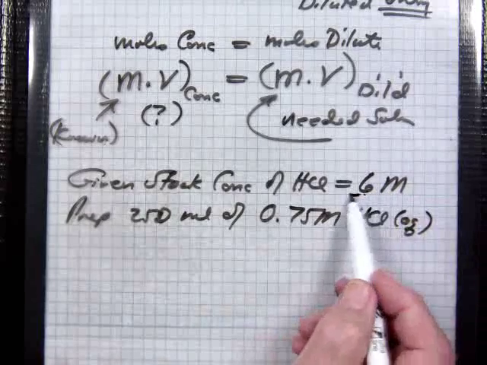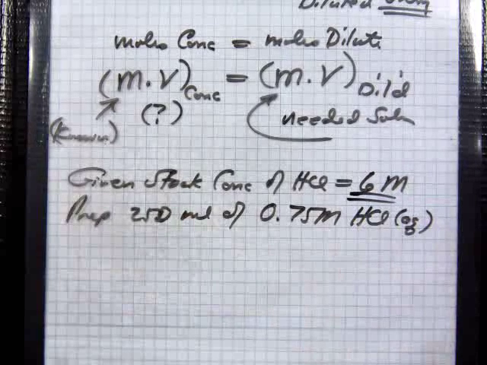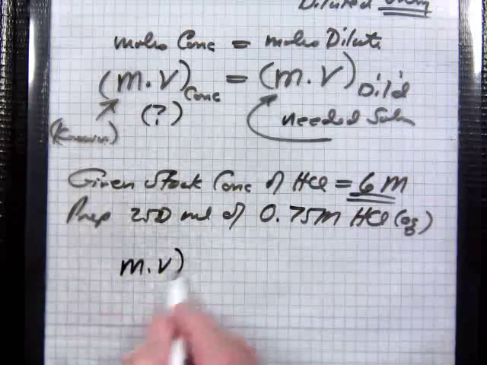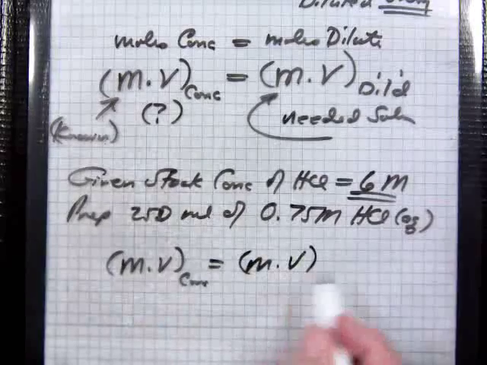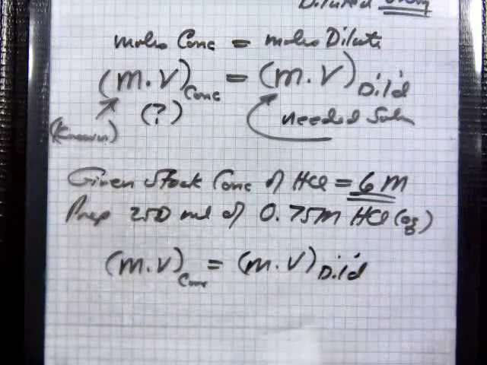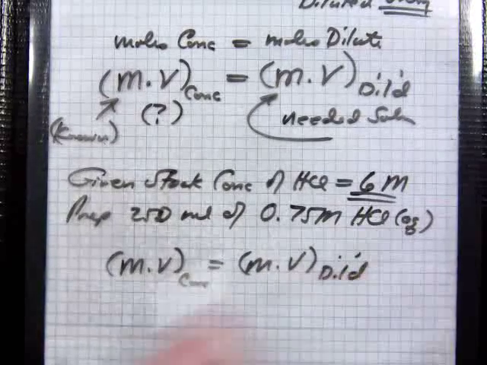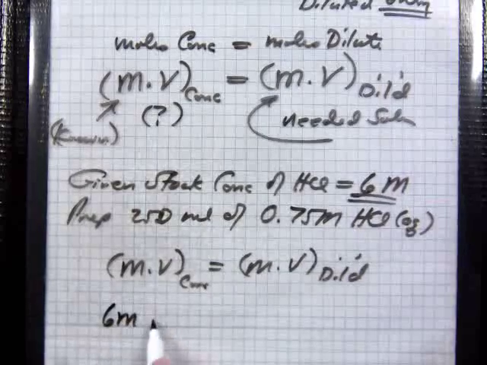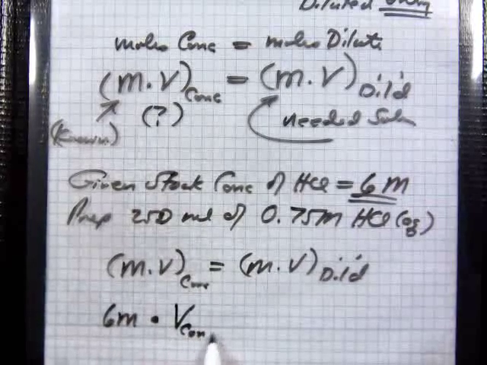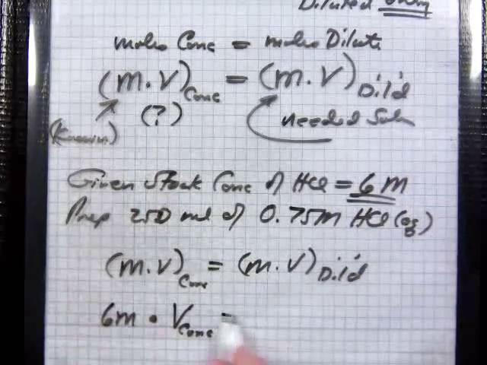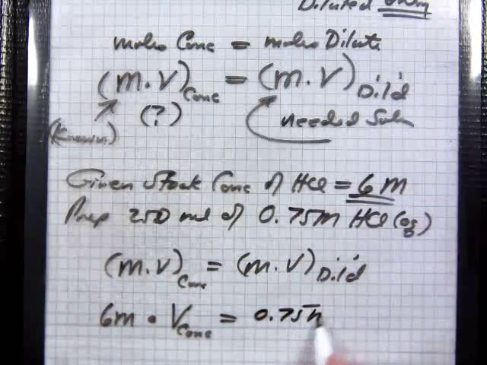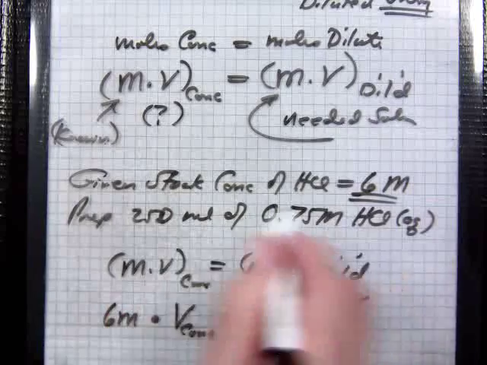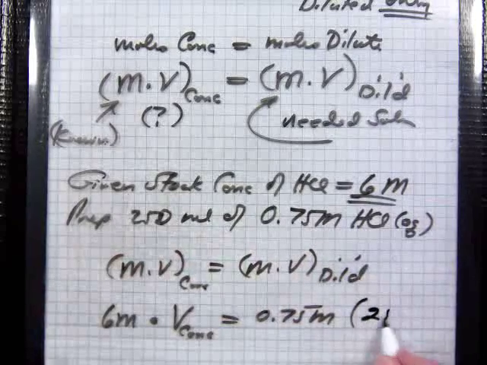So the question is, how much of this 6 molar stuff do you need? Well, molarity times volume of the concentrate is equal to molarity times volume of the diluted sample. Well, you know the molarity is 6 molar. The question is, how much concentrate do you need? And the molarity you're trying to make is 0.75 molar, and you want to make 250 mils of it.